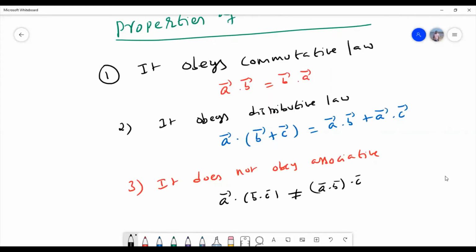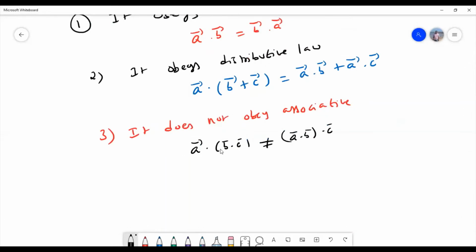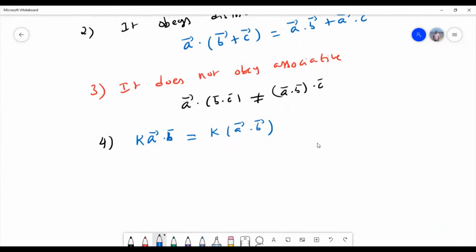Because the dot product of two vectors is a number. If I take B bar dot C bar, I'll get a number and I'll get this A bar. So this side I'll get C bar, they're not equal. So very important, it does not obey associative law. But if I take a constant K, K times A bar dot B bar is same as K times A bar dot B bar. If you multiply with a constant, nothing will happen.